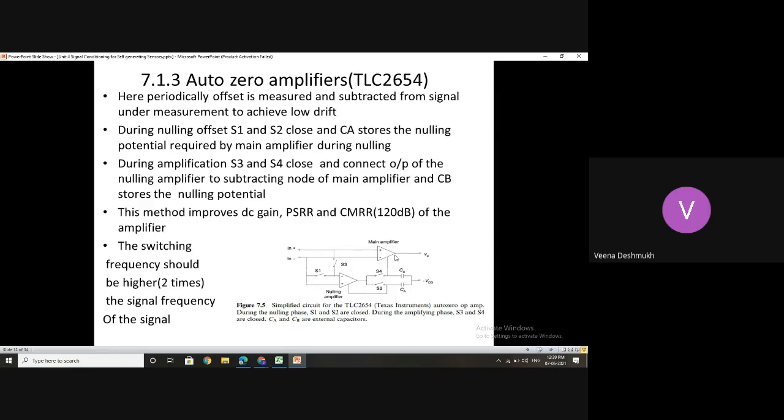Here the amplification as well as offset null reduction both are happening, and because it is used in the open loop mode, the gains are going to be very, very high. There is no feedback involved, so the gain reduction will not happen. Naturally, for all op-amp circuits, infinite gain is available. Practically 10 to the power of 6 gain is available.